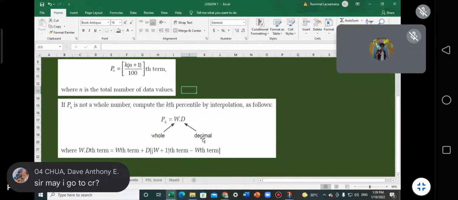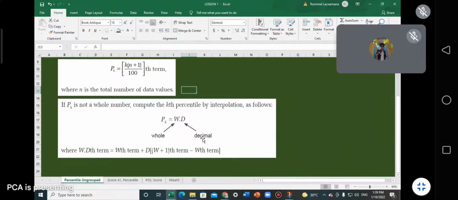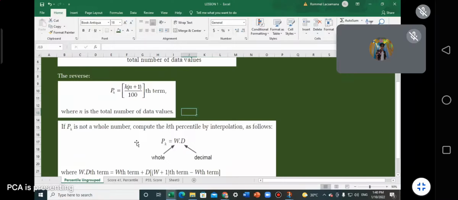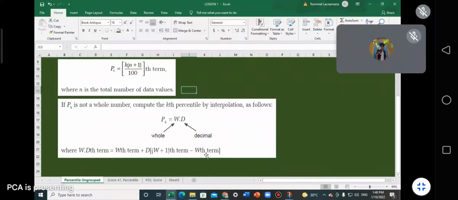You have to interpolate. What are these? It's the whole number pertaining to W, W plus 1. The term is the rank, and this one is the rank also. And then the decimal is D there.